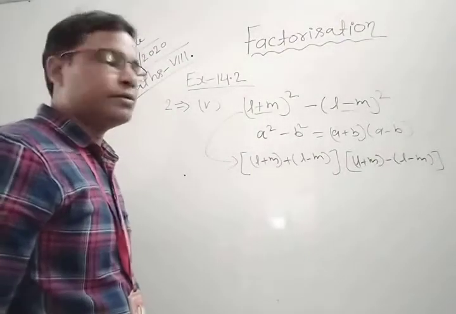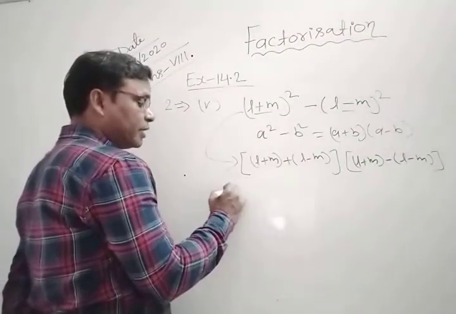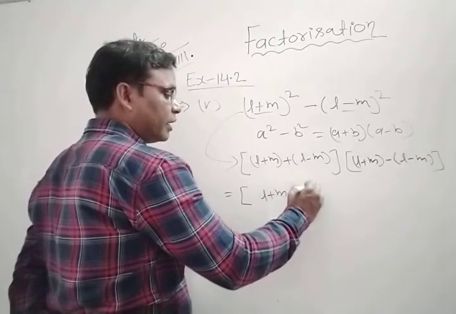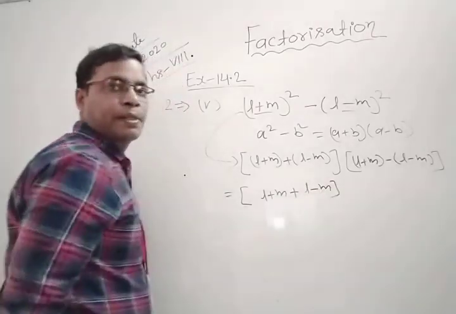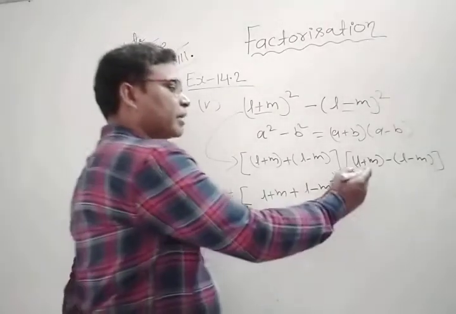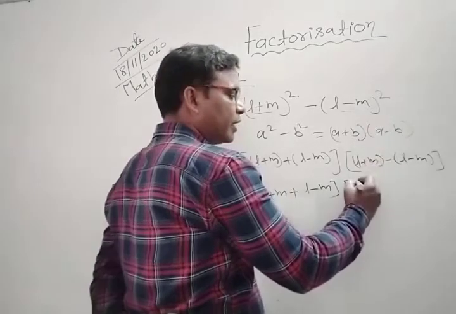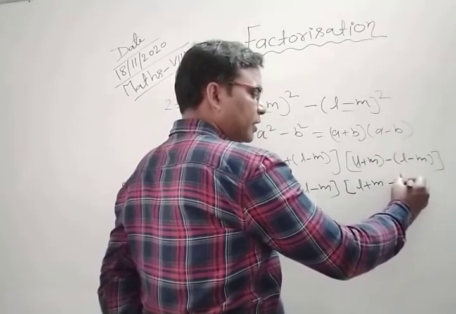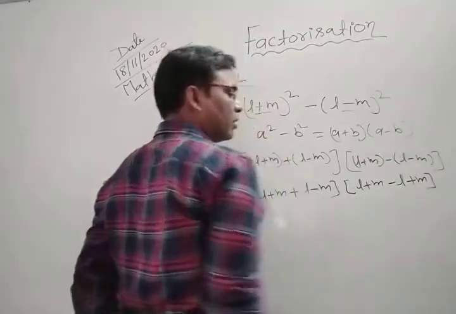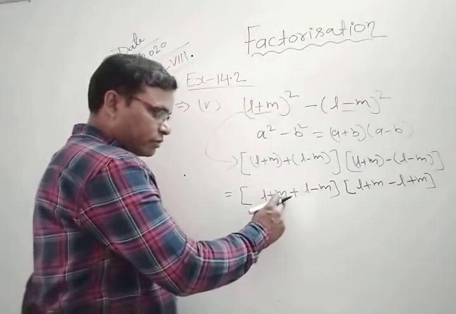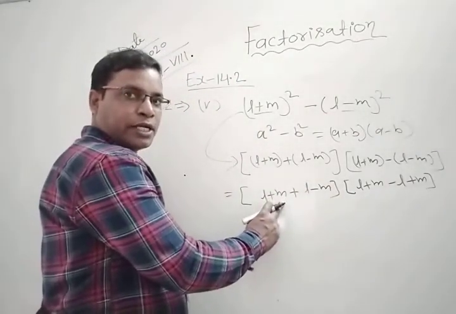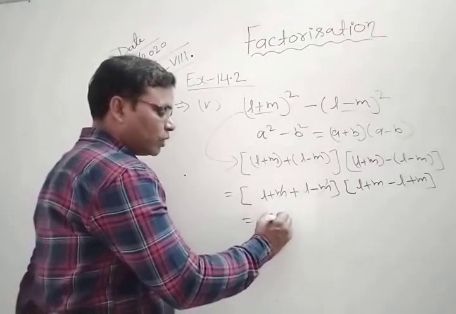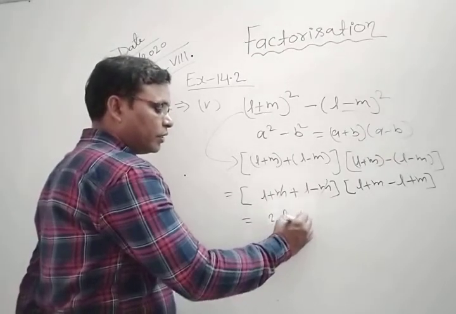Clear? Now when you open this bracket, you obtain l plus m plus l minus m. In the other bracket, l plus m, here minus, when you open the bracket it becomes minus l plus m. In the first bracket, positive m and negative m cancel, so we have l plus l, 2l, into.